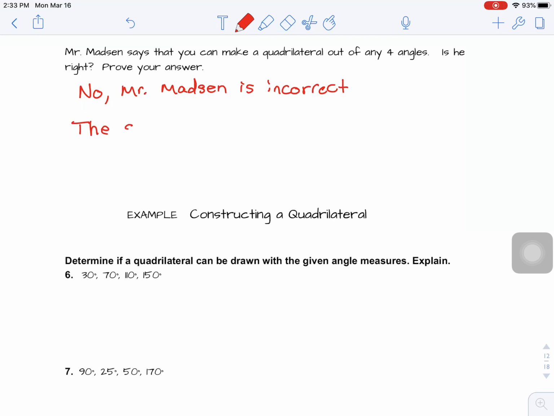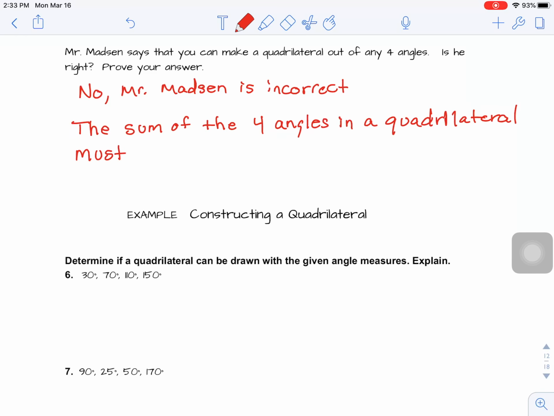The sum of the four angles in a quadrilateral must equal 360.